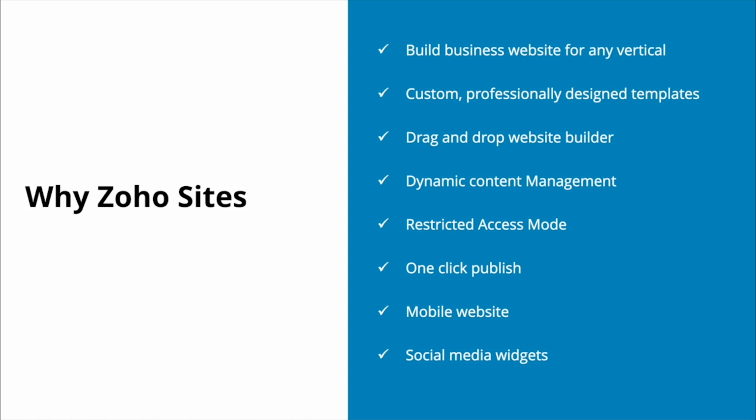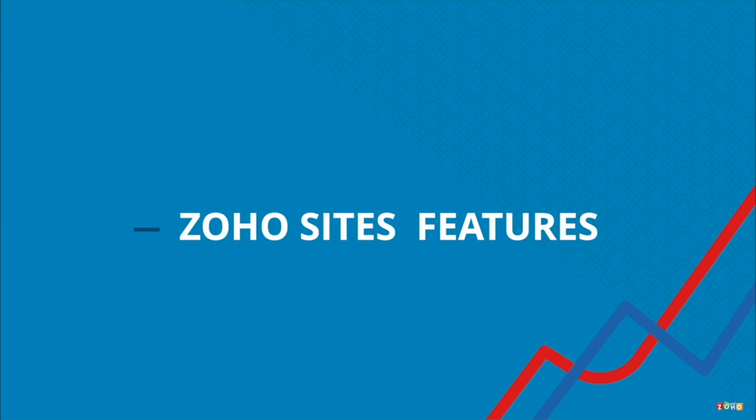And the website which we are building for the web browser can automatically respond to mobile screens as well. Social media widgets are enabled by default in Zoho Sites. So these are the major advantages we have while going for Zoho Sites.